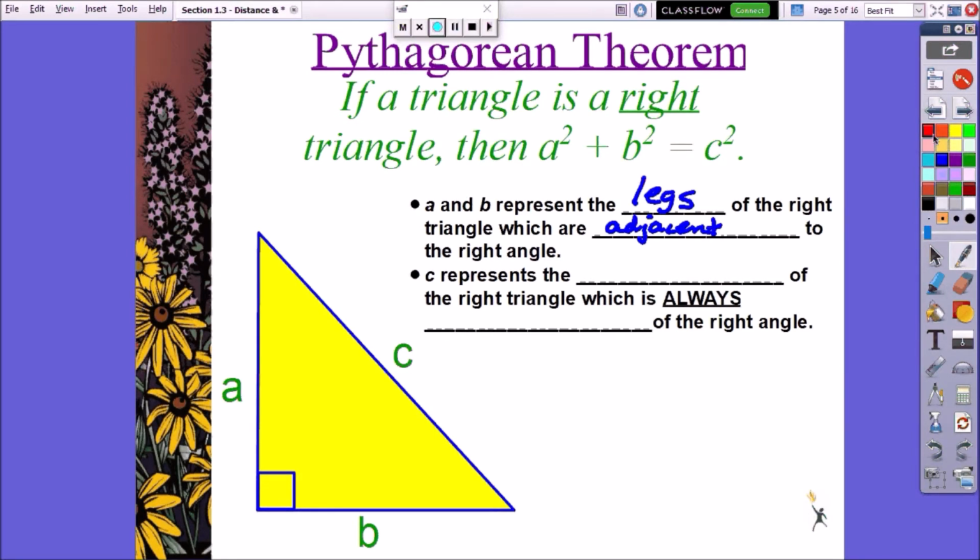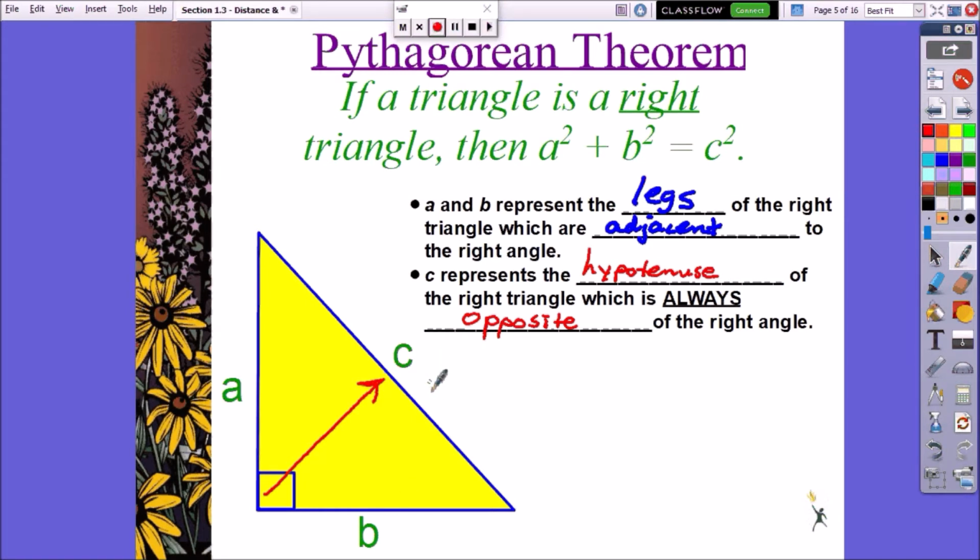So let's see here. C represents the hypotenuse of the right triangle, which is always opposite of the right angle. So if I talked about the side of the right triangle that did not touch in any way the right angle, I'd just shoot directly across from the right angle.